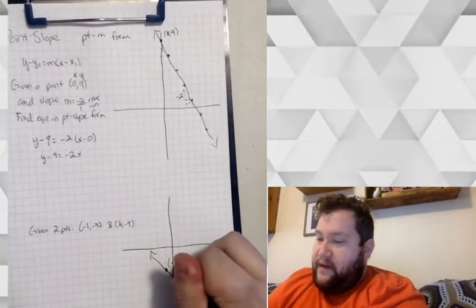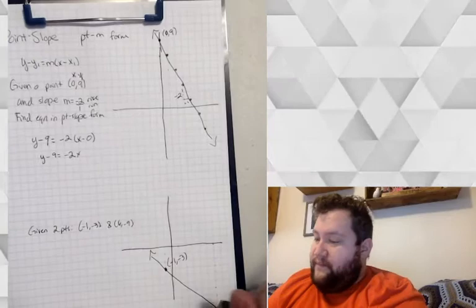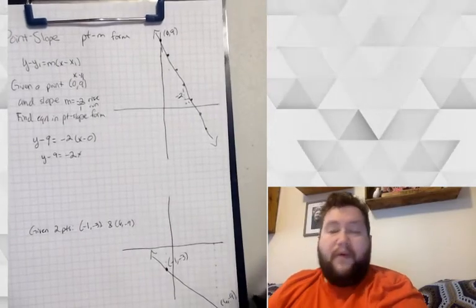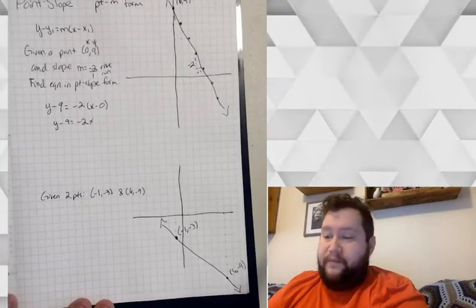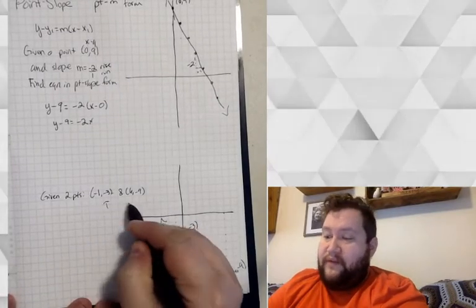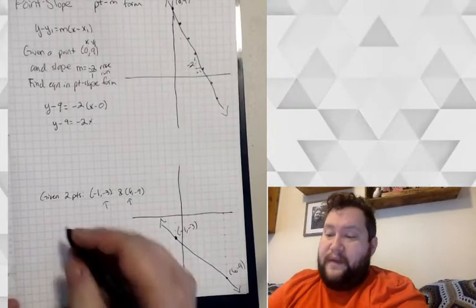That's our line of interest. And what we want to do is find our equation in point-slope form. So we have a point, and well, we actually have two of them. And so we need our slope.